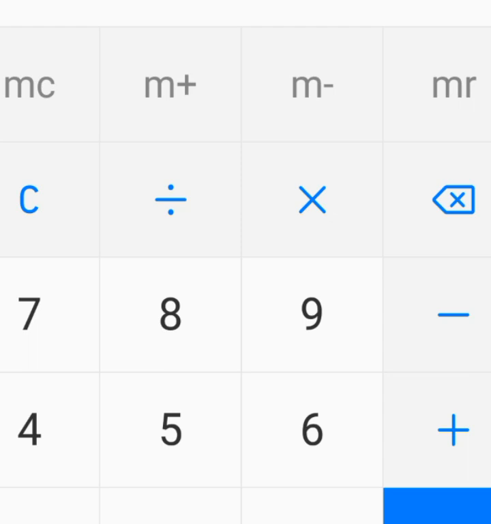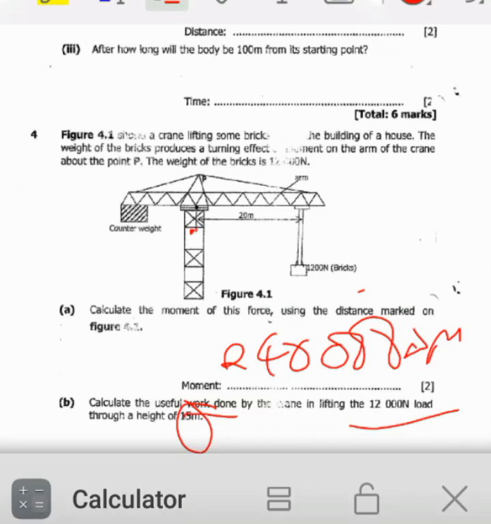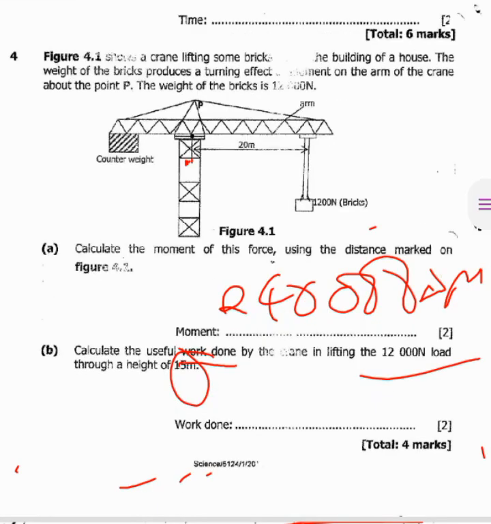Okay, so we have 12,000 times 15 meters, so we have about 180,000. So our answer here is going to be 180,000 joules. So work done is measured in joules.